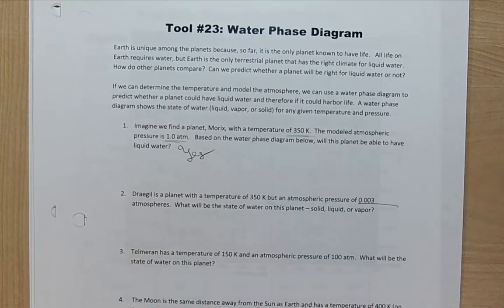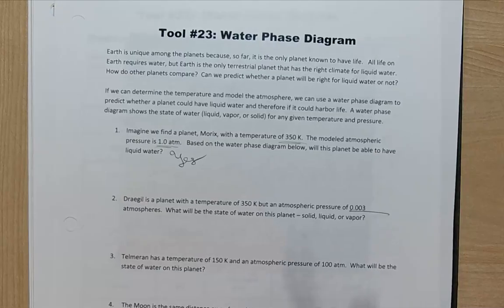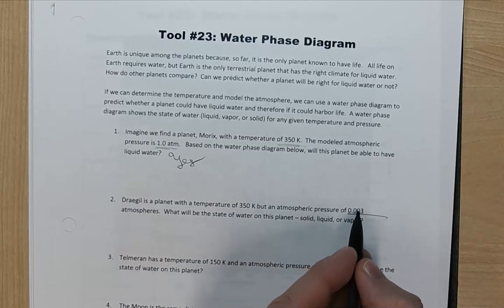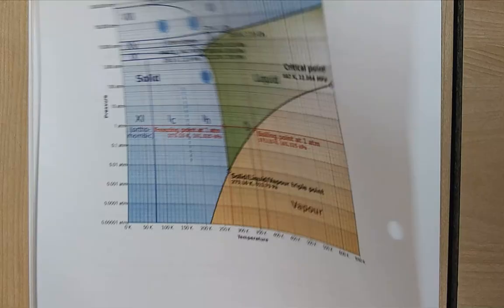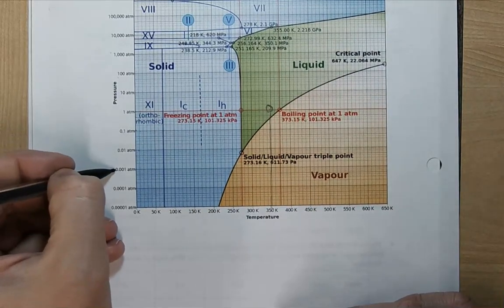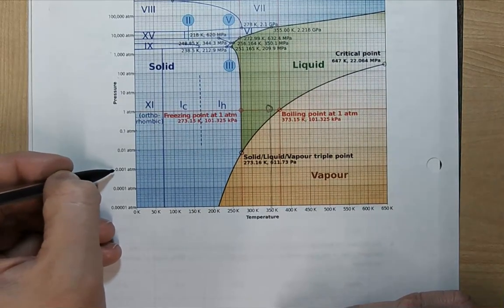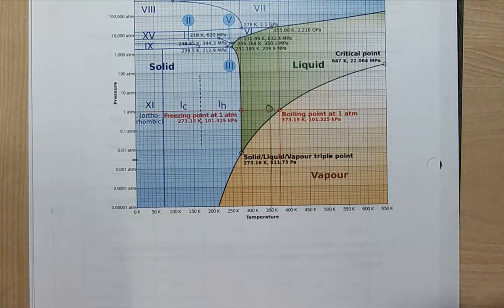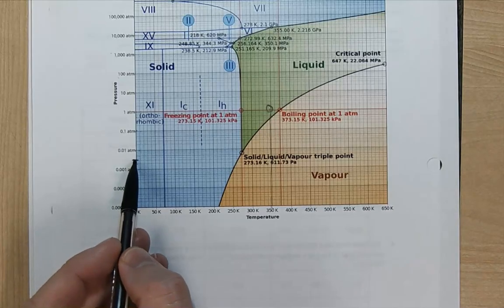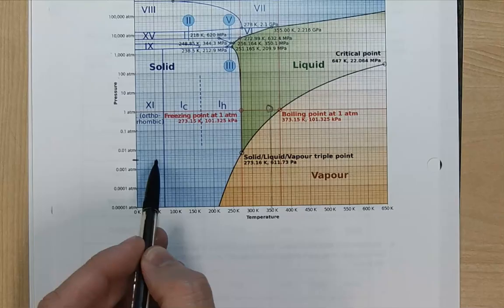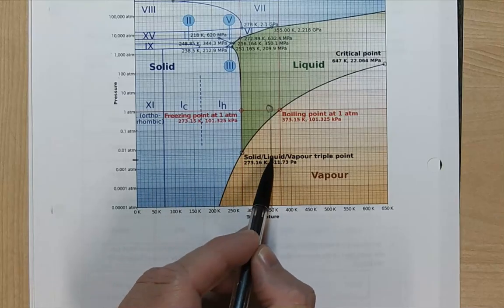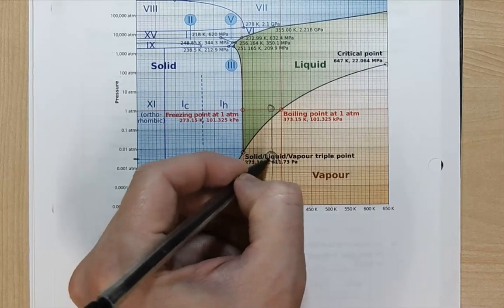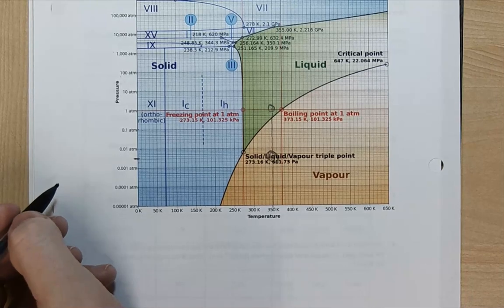So, if you're trying to find where 0.003 atmospheres is, well, start with 0.001. And if this is 0.001, so 1, 2, 3, there's 0.003. So if you have water at 0.003 atmospheres and 350 Kelvin, that'll be right there.